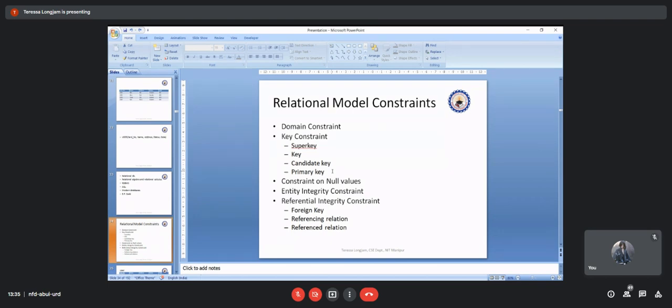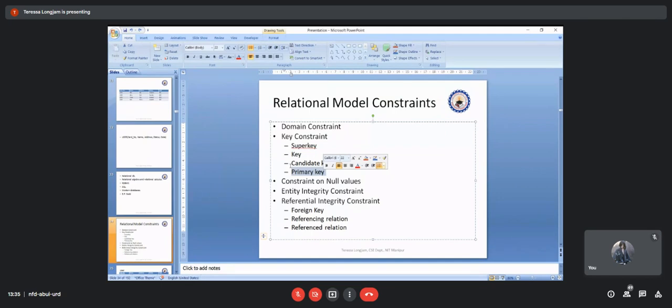And what about primary key? This is the most important one. Whatever candidate keys we have, if we have more than one, from those candidate keys we have to select only one.